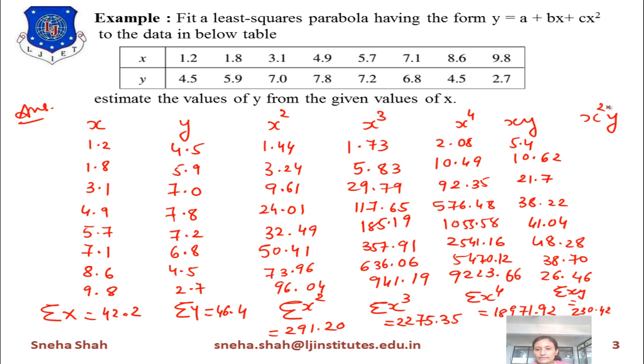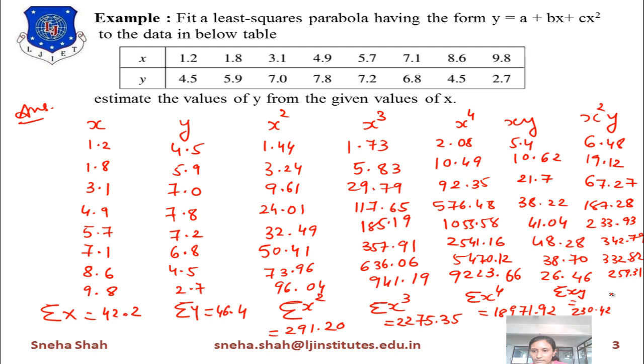The last term is x square y. So x square is multiplied with y. When we multiply these two terms, 4.5 with 1.44, it will give you the answer of x square y, which is 6.48, 19.12, 67.27, 187.28, 233.93, 342.79, 332.82, and the last one is 259.31.